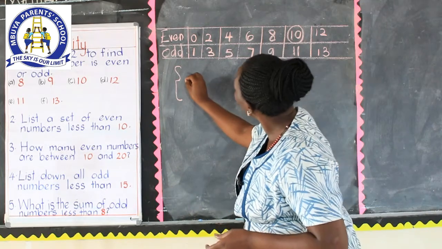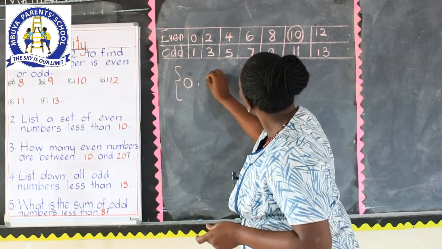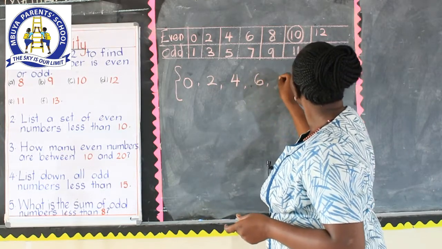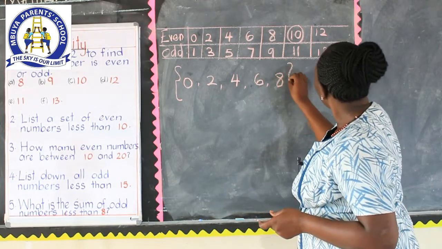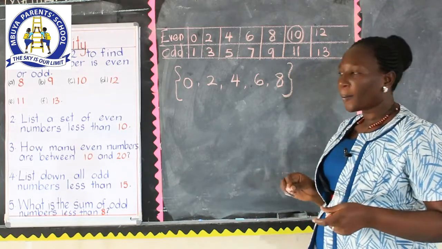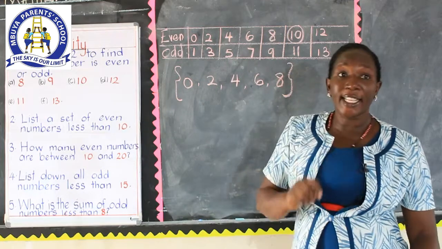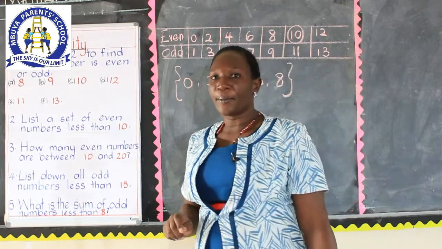We have 0, 2, 4, 6, 8. You close brackets. So this word less than means 10 is not inclusive.